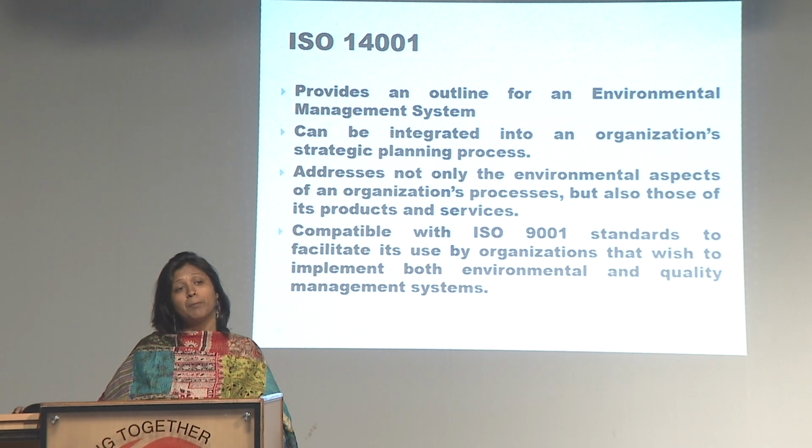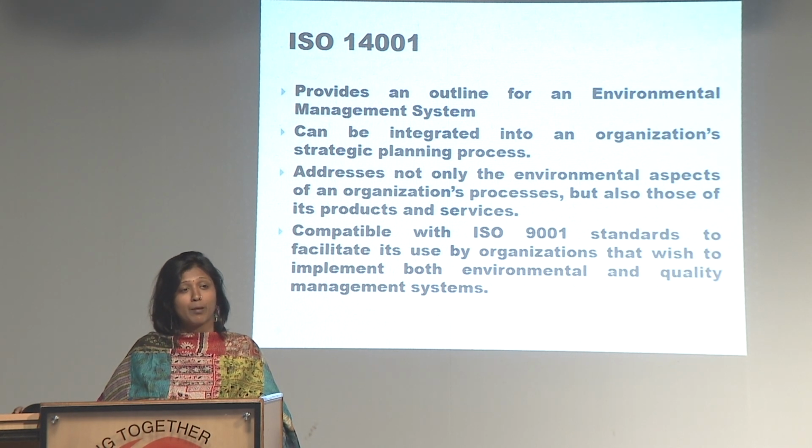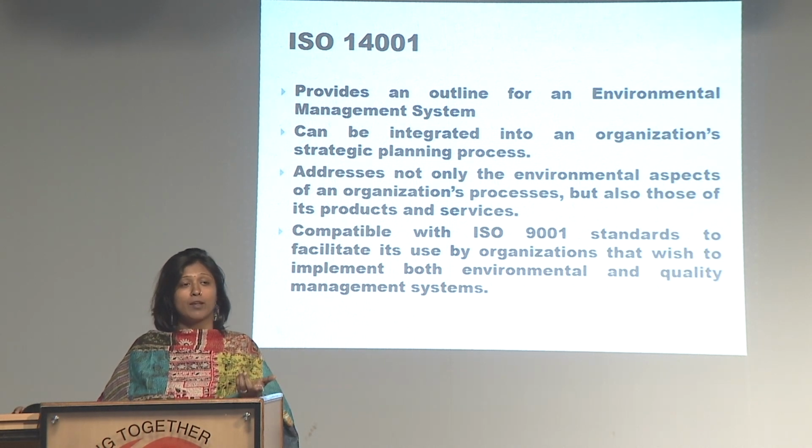But the first step, given the stage at which we are right now with the type of lifestyle we are enjoying, there is really a need to reduce it in a very drastic manner. Now again, another point, I think we are all aware, most of the companies are ISO 9001 certified, which means the organization has established a quality management system, which basically relates to the quality of whatever it does.